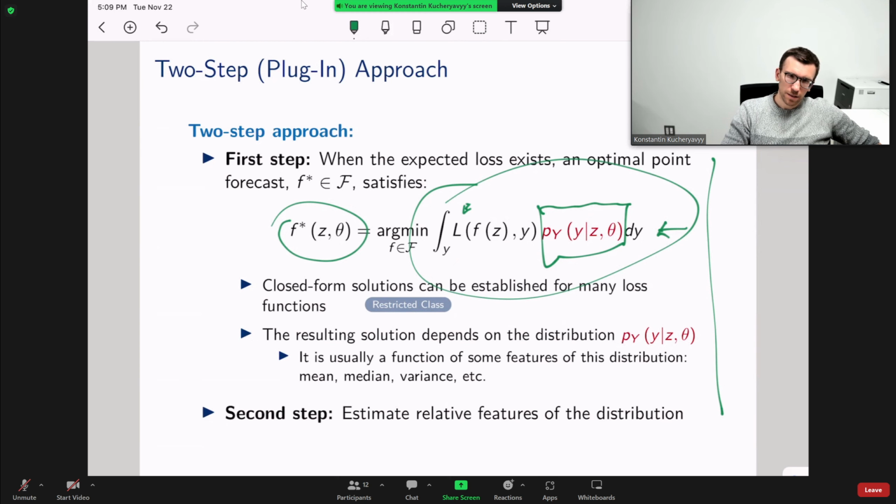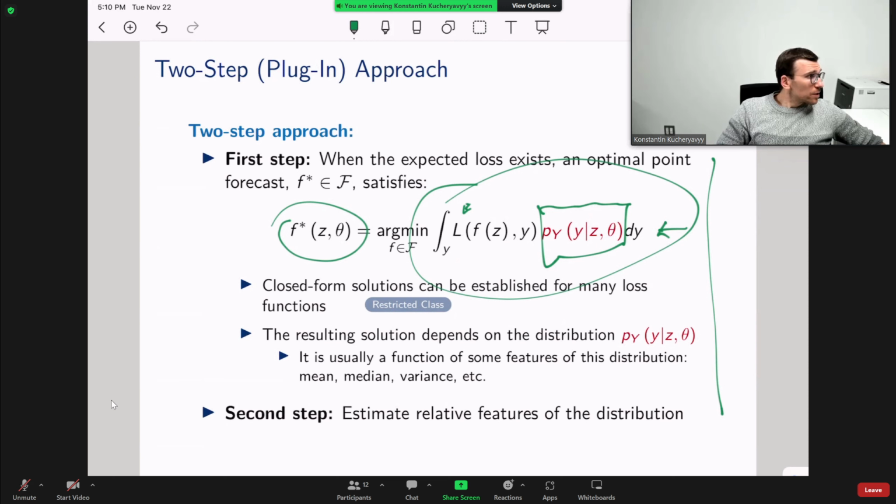Okay, does it make it clearer? So again, many people use the two-step approach, but they don't think about where they get their parameters. Doesn't that mean that they are just using a simple sample analog approach? No, that's the point.